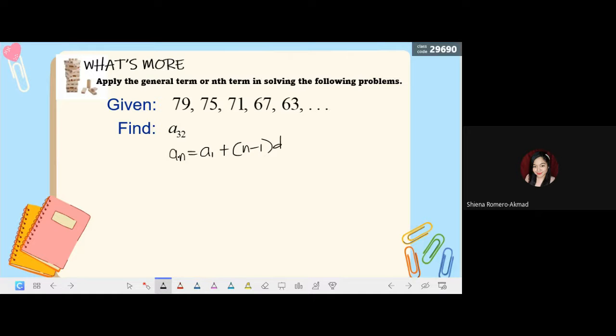Okay, a sub n natin, and here is 32. So we have a sub 32 equals the first term, and the first term is 79, plus the n, which is 32 minus 1 times the difference. Ano ba difference nito?